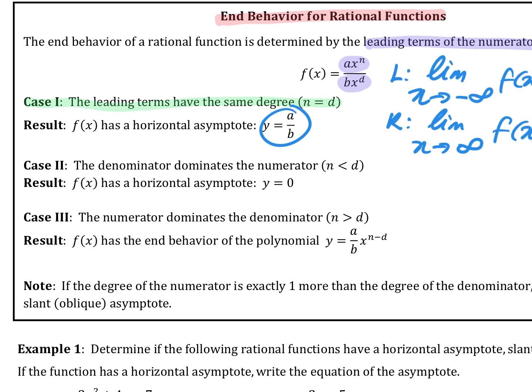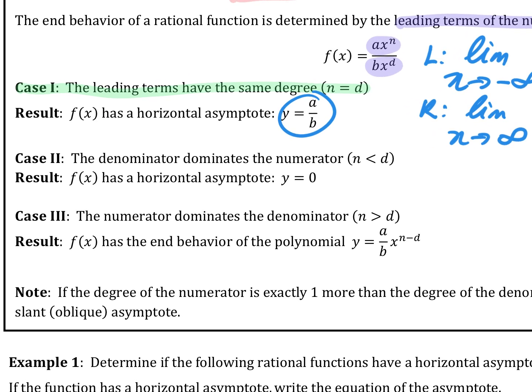So let's look at case number 2. In this case, the degree of the numerator is less than the degree of the denominator. That means the result is a horizontal asymptote where y is equal to 0.